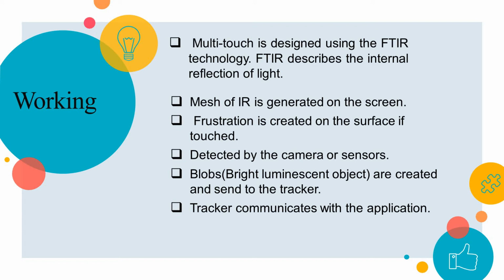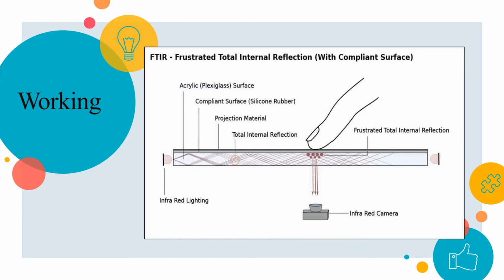The touched position is detected by the camera or the sensor behind the screen. The blobs, that is bright luminescent objects, are created and sent to the tracker. The tracker communicates with the application and sends the result to the processor.